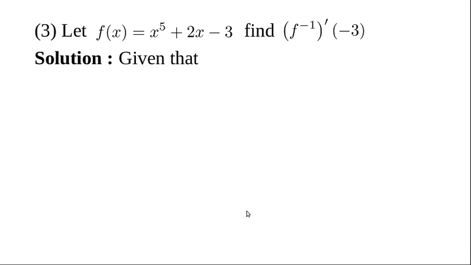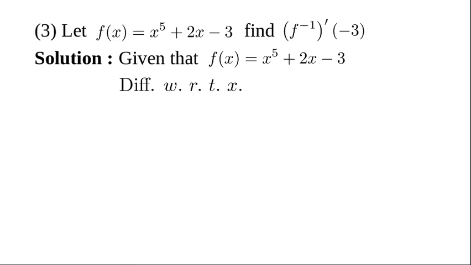Here we are given f of x equal to x raised to 5 plus 2x minus 3, and we are asked to find f inverse dash of minus 3. So this is f of x, differentiate with respect to x, that is 5x raised to 4 plus 2. Now this is the point to be noted here. Here we are asked to find f inverse dash of minus 3. Whenever we say f inverse, it is in terms of y, that is x equal to f inverse of y. That implies minus 3 is nothing but the value of y. y means f of x.